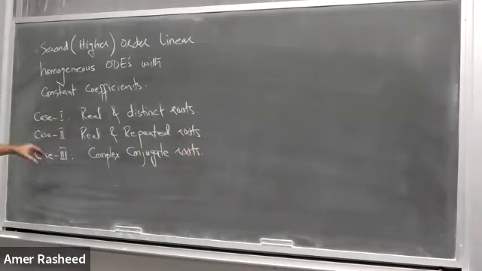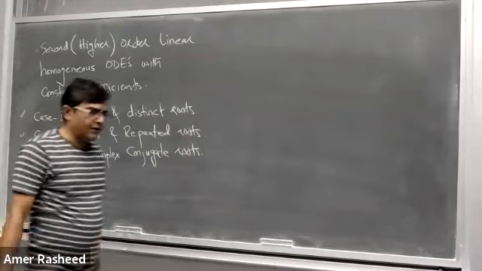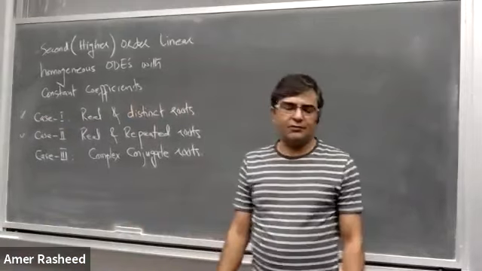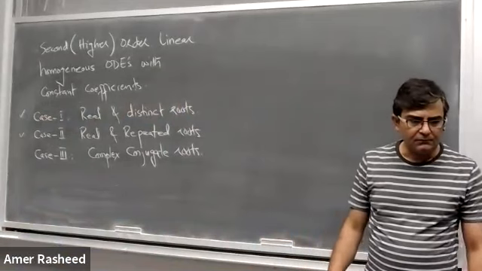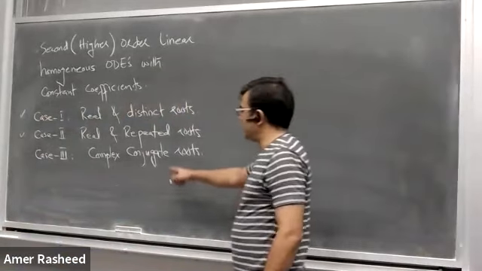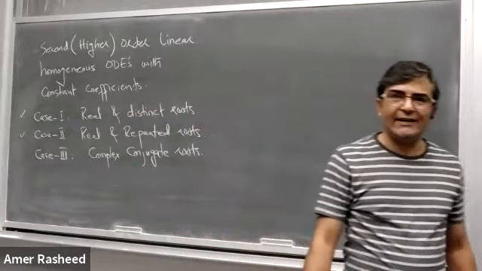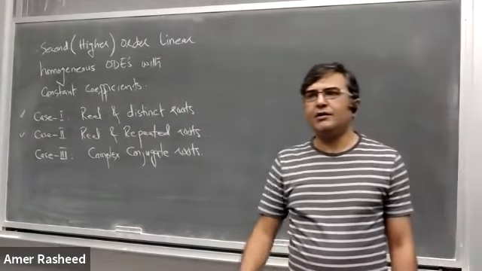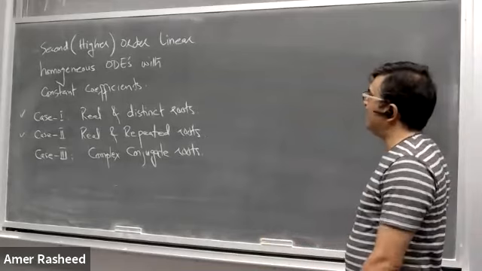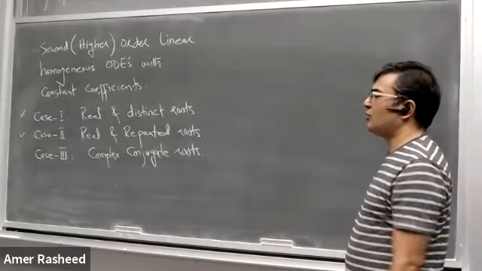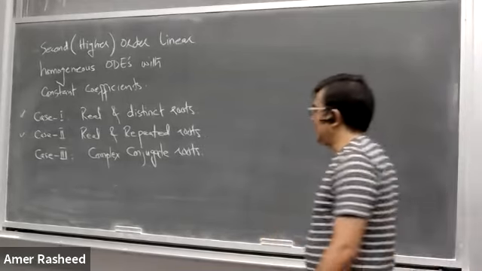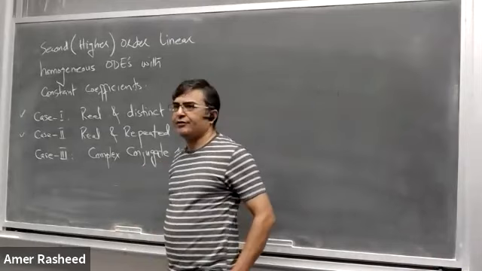So we discussed the first two cases for second and higher order differential equations. Today, we are going to discuss case three, how to write solutions of second order and higher order linear homogeneous ODEs with constant coefficients if we have complex conjugate roots.